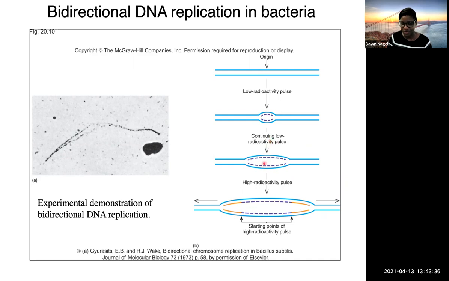So it'll continue to replicate. Then you add a heavier, or a longer pulse, I should say, of radioactivity to really increase the intensity. So this is low, so it's a little bit weaker. Higher pulses will be much darker, right? And you can really clearly see that depending on the amount of radioactivity you're adding.